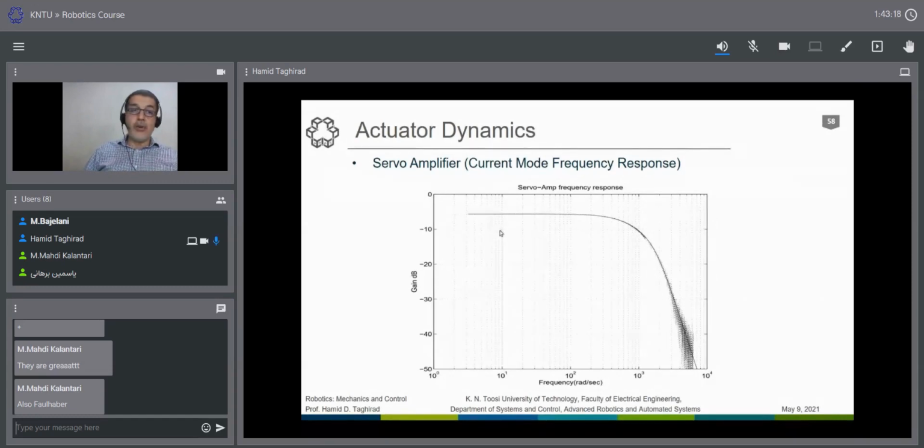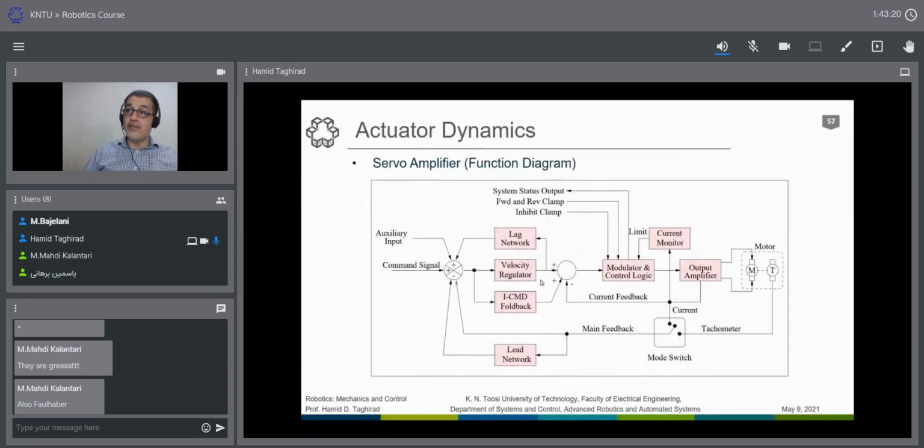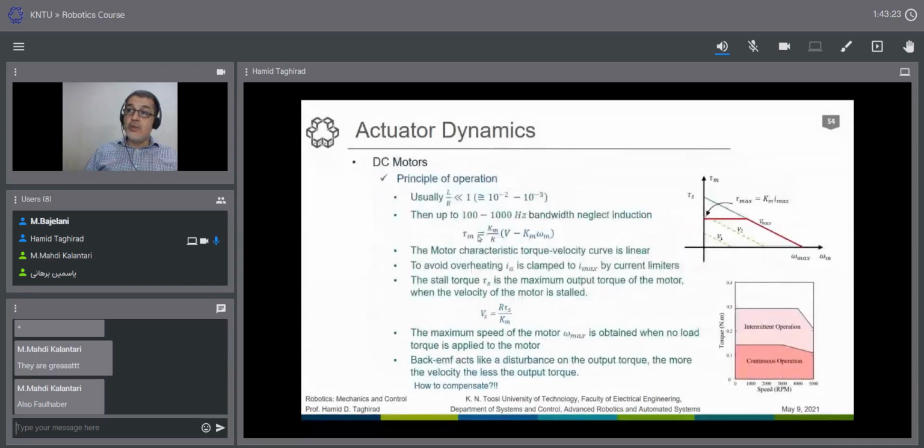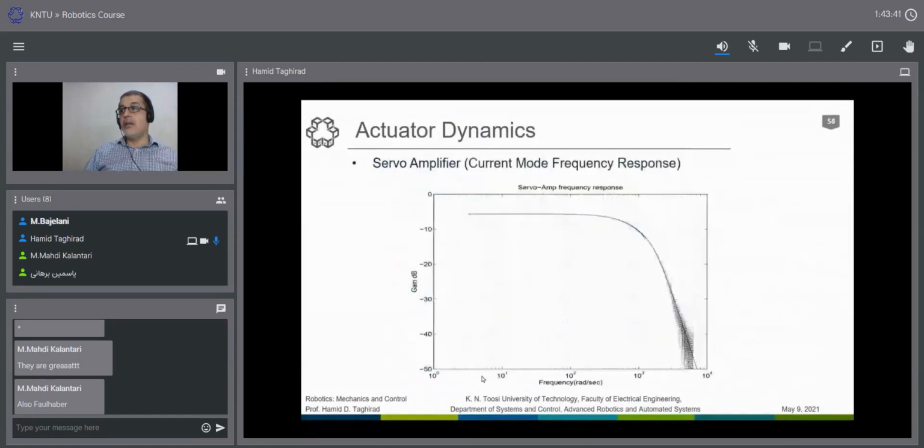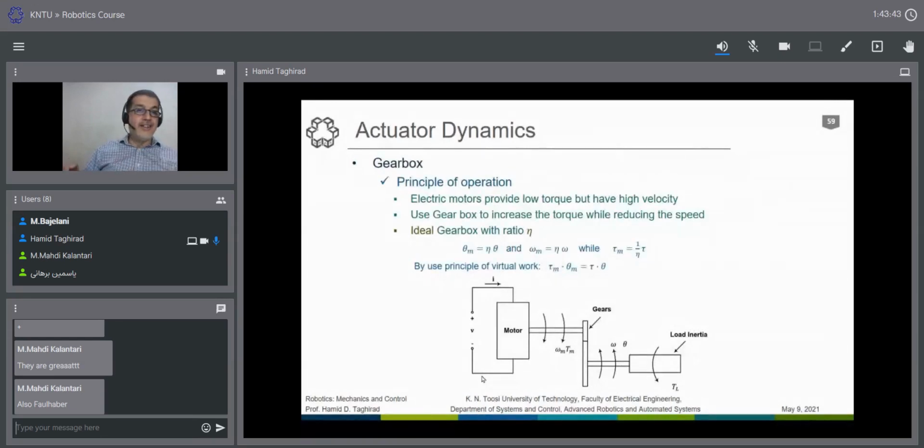This will help us, when we have this kind of system, to use this model for the torque: we consider that we give the torque required and we get the torque required by a simple gain, which can be considered the torque constant of the motor. Anyway, I conclude my talk here, and hopefully we'll talk about the gearbox and its very important effect on the dynamics of the system next time.